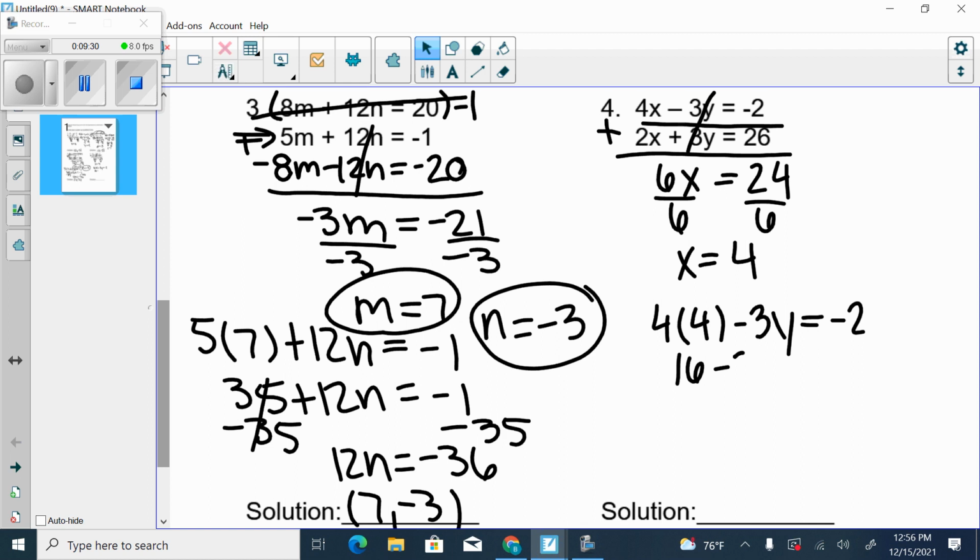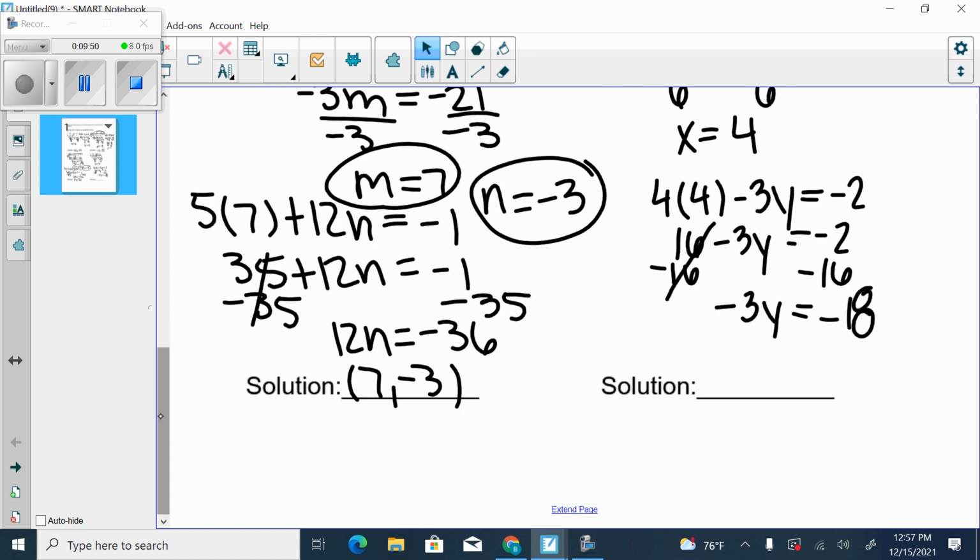So 16 minus 3y equals negative 2. Good. So I have negative 3y is equal to, and we get, okay, so there's x, there's y, we just write them as an ordered pair.